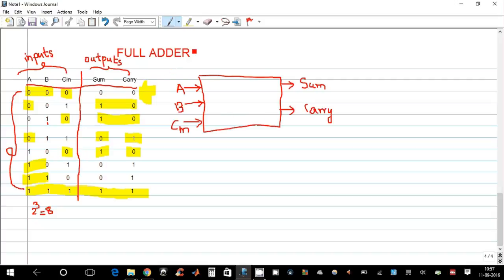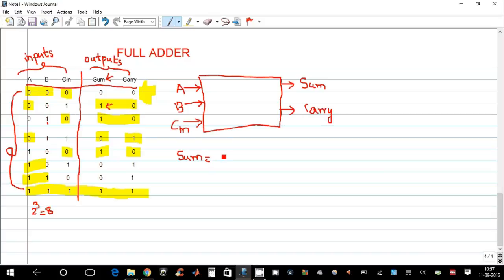Now we will try to derive the expression for the sum. Let's see for what values of the inputs sum is equal to 1. Sum is equal to 1 for the set of inputs A equal to 0, B equal to 0 and C in equal to 1.